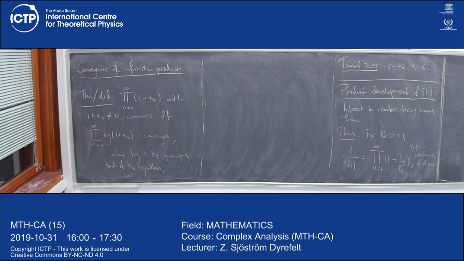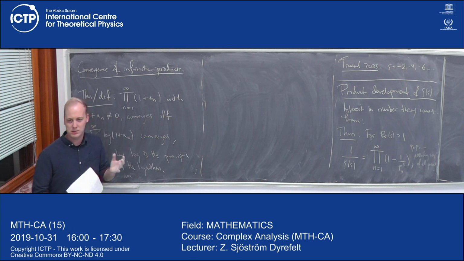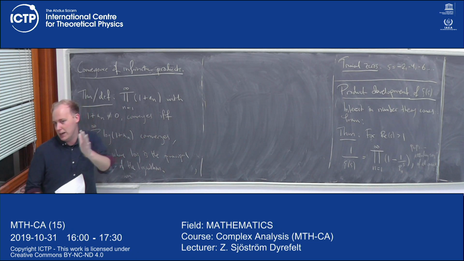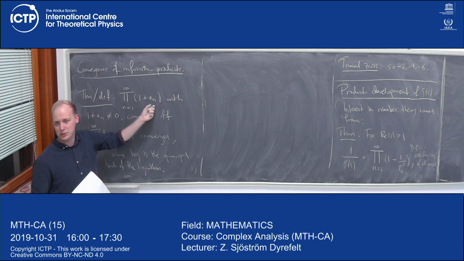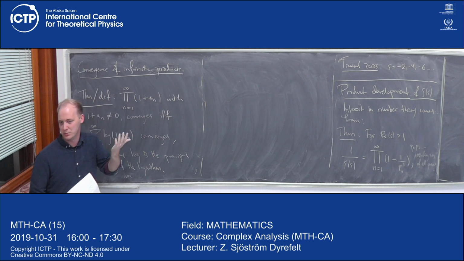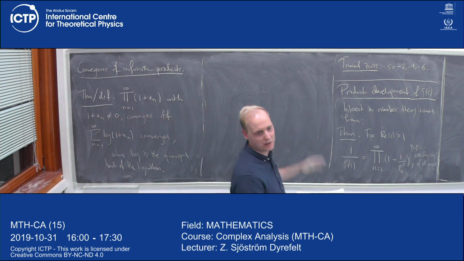Why did we add the 1? This is for psychological reasons. When you have a sum of a_n, then if a_n is close to 0, that is usually a nice thing for convergence. So here we want to write it like this, and then a_n close to 0 is nice for convergence. It's just psychological, but you usually write it like that.